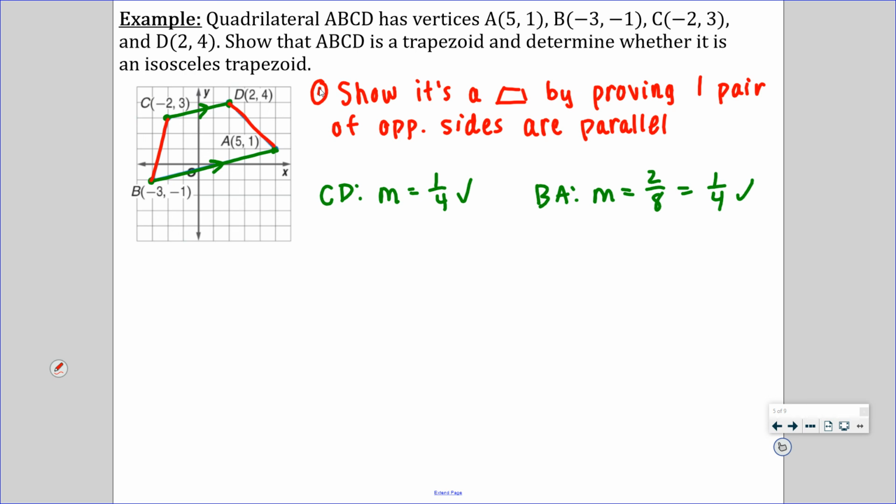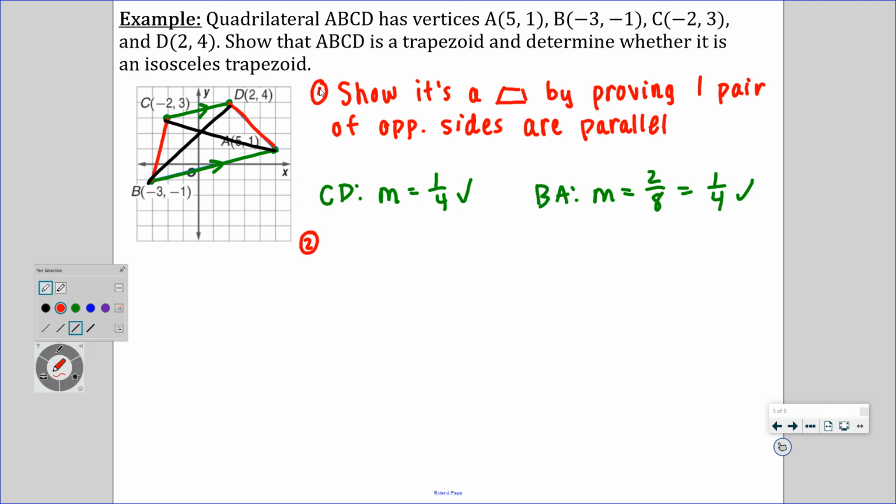Yes. Find the diagonals. Find the diagonal length. You could also do this: CA and BD. And if the diagonal lengths are congruent, then it will be an isosceles trapezoid. Somebody said that last hour too, so I had Isaac Henkel do that. He calculated the diagonals, and we calculated the legs.